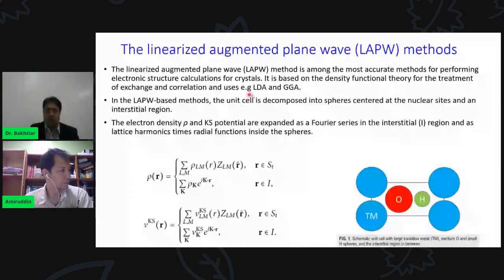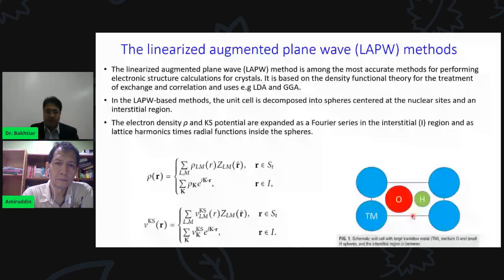In this method, the unit cell is divided into two regions. One is the region occupied by the atoms, and the second region is the interstitial region, which is empty space.